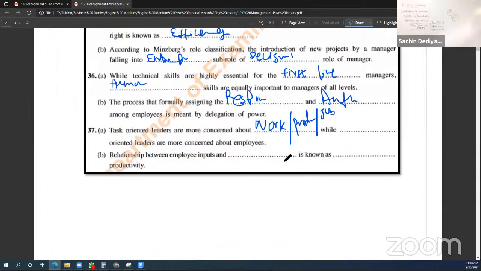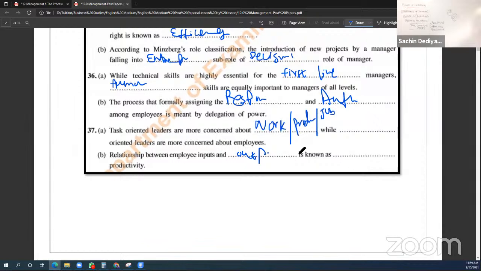The relationship between employee inputs and output is productivity, but what type of productivity? When we come to productivity, we have material productivity, machinery productivity, and labor productivity.